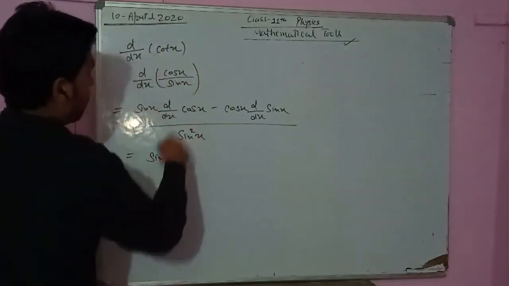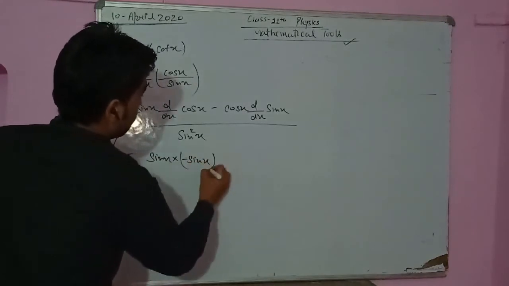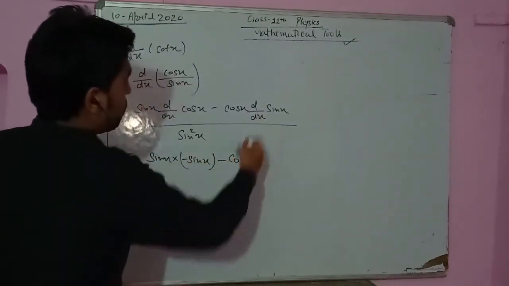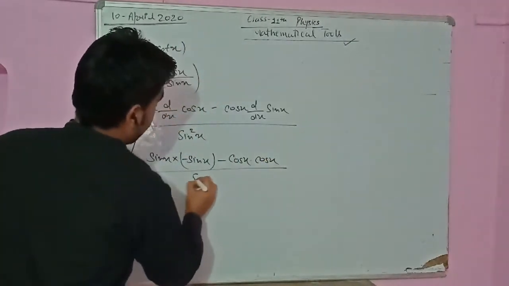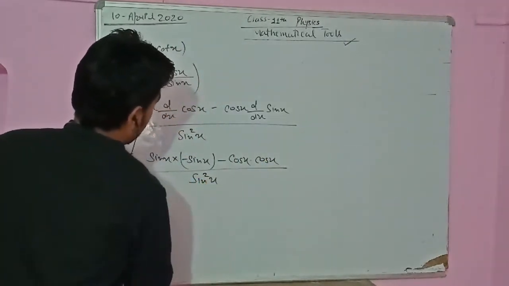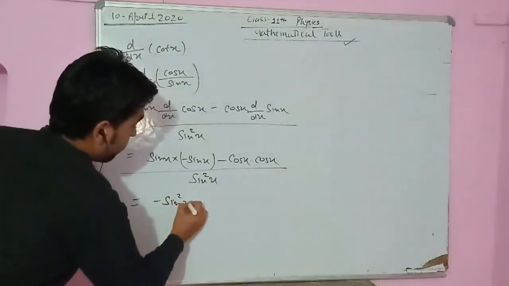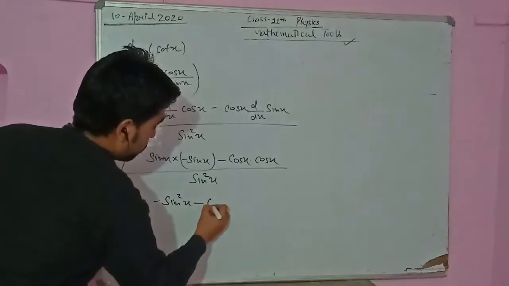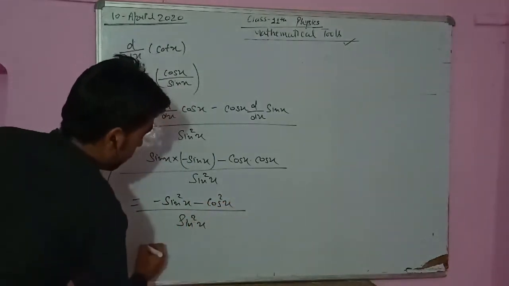Sin x, d upon dx cos x is minus sin x, minus cos x. What is the differentiation of sin? Sin differentiation is cos only, divided by sin square x. So sin into minus sin, that will be minus sin square x, minus cos into cos, minus cos square x, divided by sin square x.